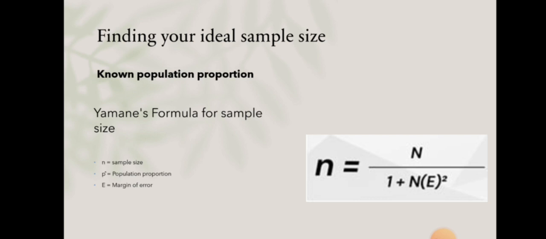Sorry, please consider here that p means n in this case. So capital N means the population size, small n means the sample size, and E means the margin of error.